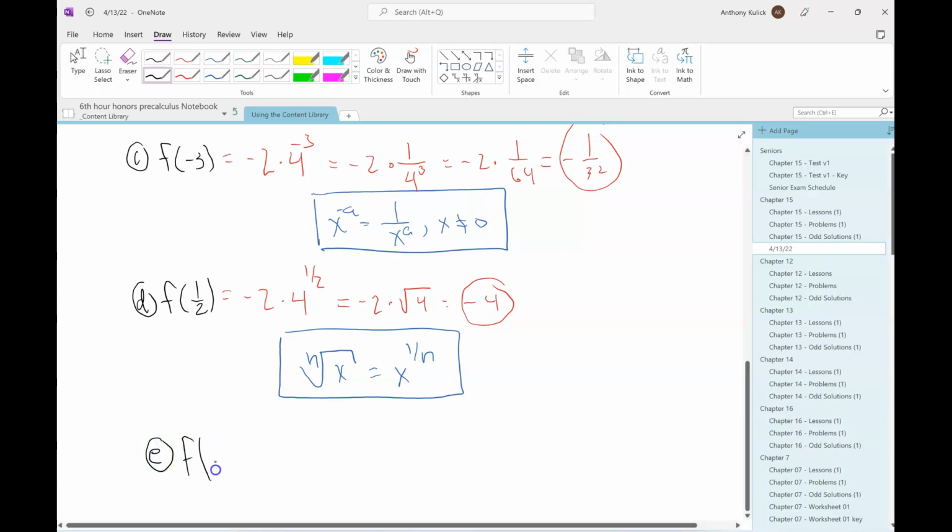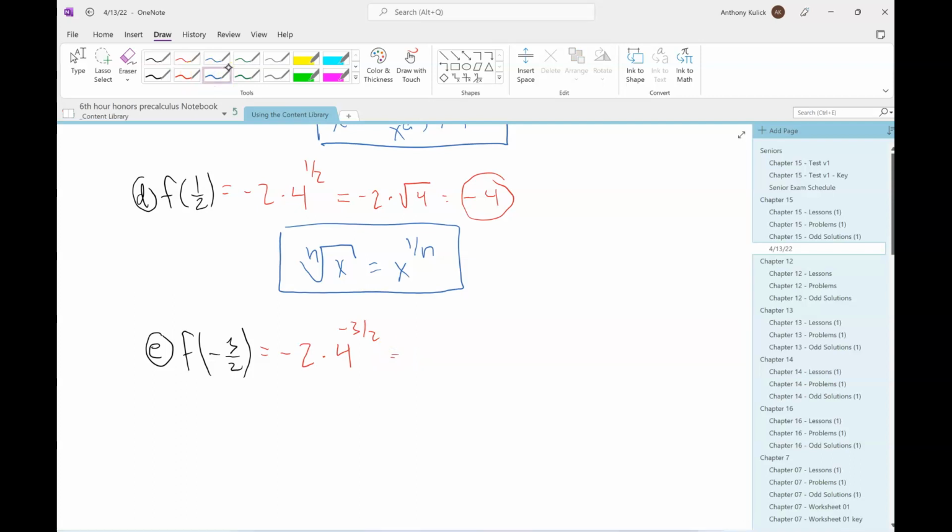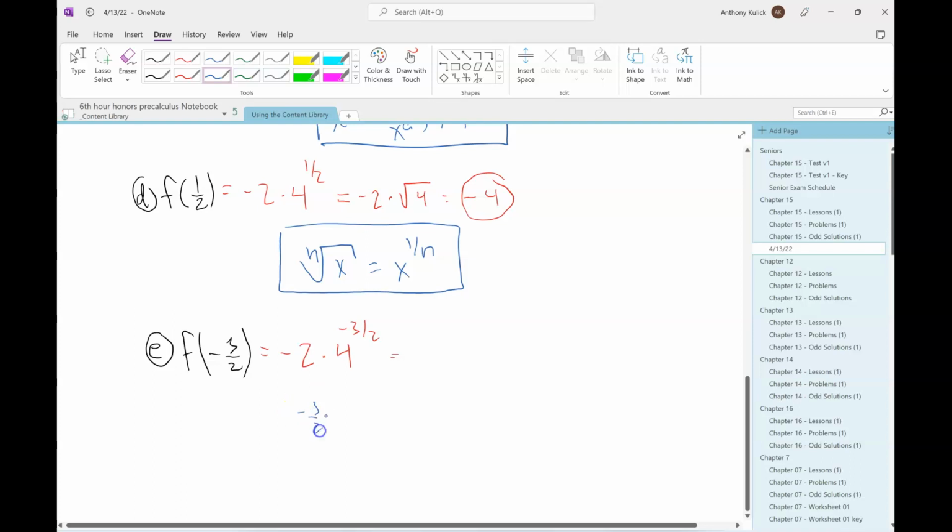And then our last example that I got here, f of -3/2. Okay, so the trick I would use here is that -3/2 is the same thing as -3 times 1/2. Everybody's okay with that idea?